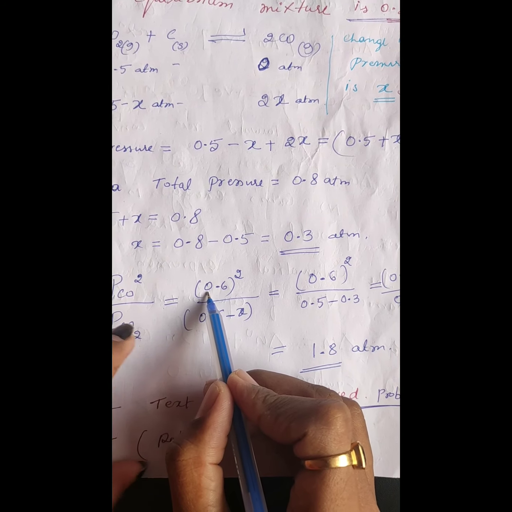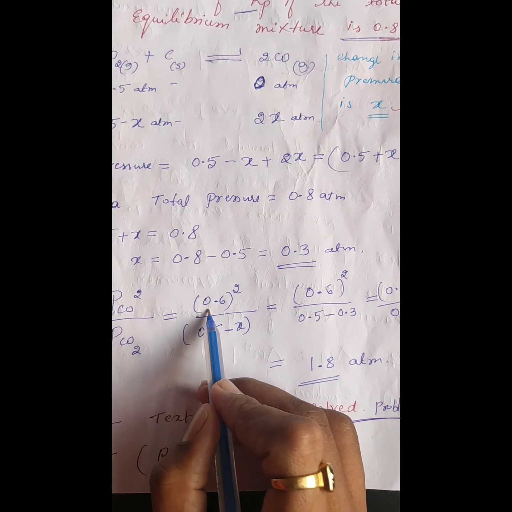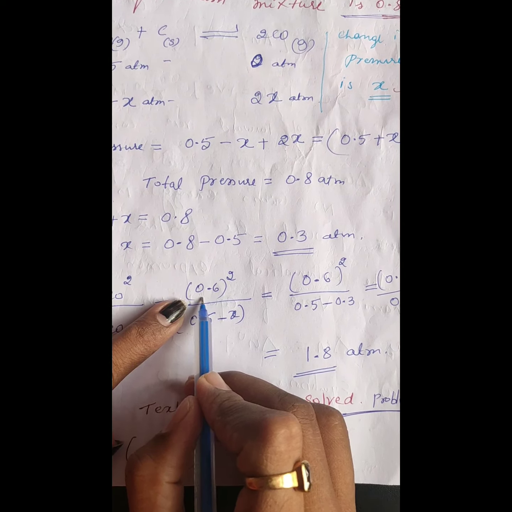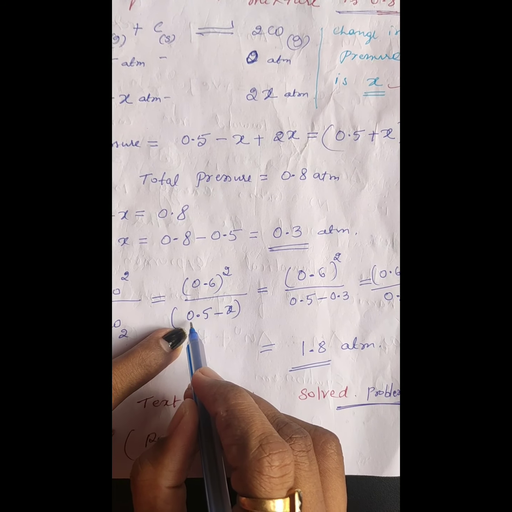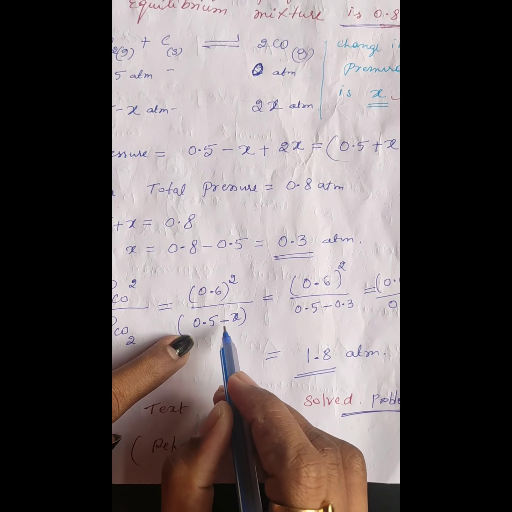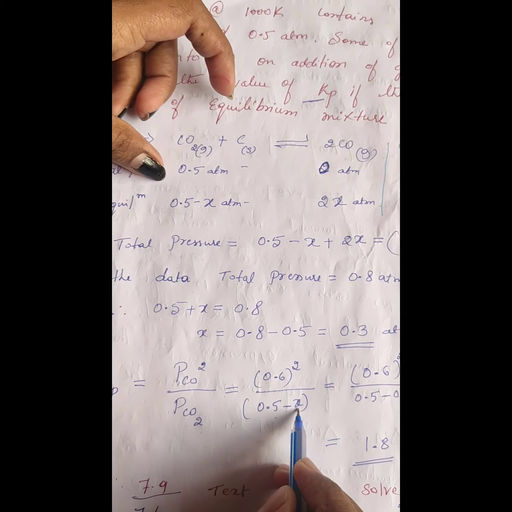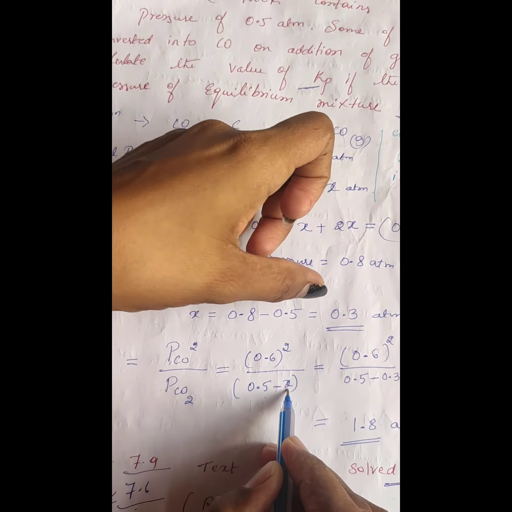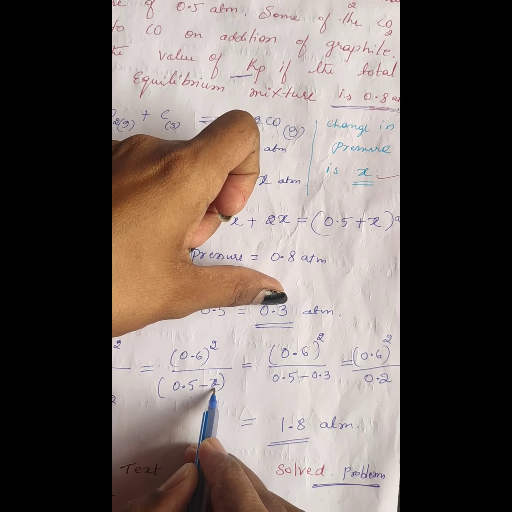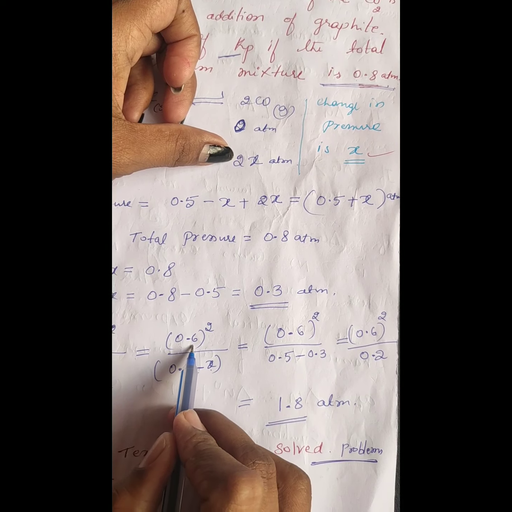The magnitude with respect to carbon monoxide will be 0.6 from the chart, divided by 0.5 minus x. See, here you can consider the x value to be 0.3, so that the 2x value will be 0.6.